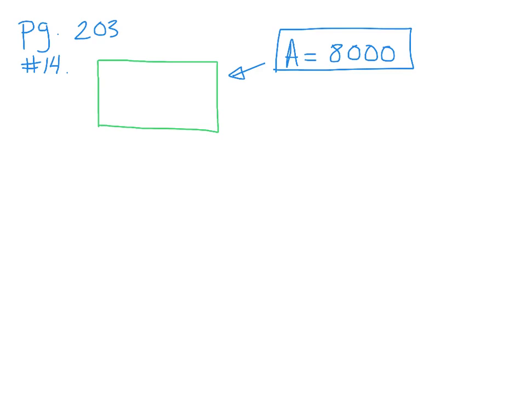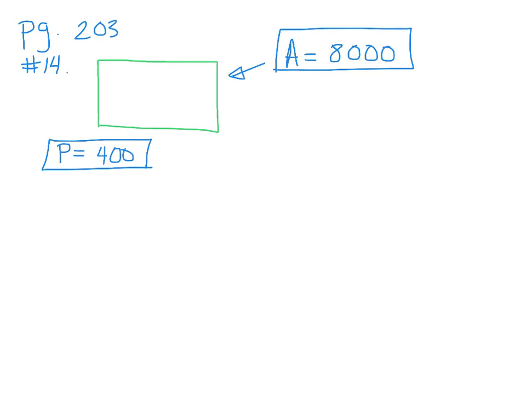We also know that the perimeter is 400 meters of fencing because it's enclosed by 400 meters. So perimeter is 400 meters. And so determine the dimensions of the field to the nearest tenth of a meter.